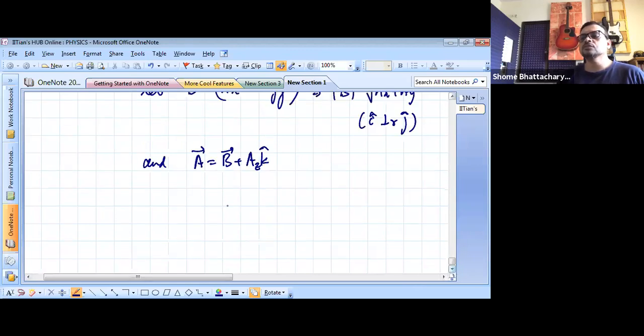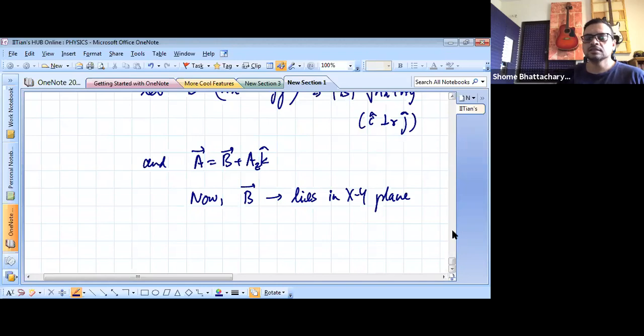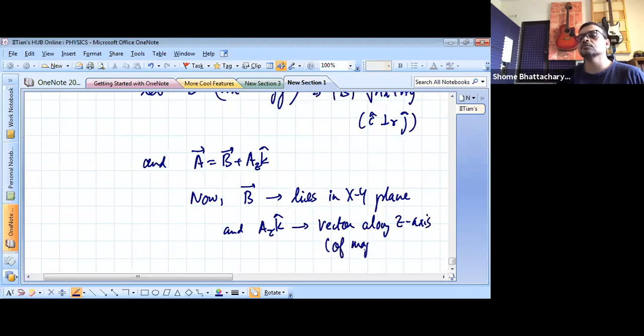Now you can also see that vector B lies in the xy plane. If you imagine that three-dimensional space, the vector B is lying somewhere on the wall in front of you, whereas Az k cap is a vector along the z-axis, of magnitude Az.